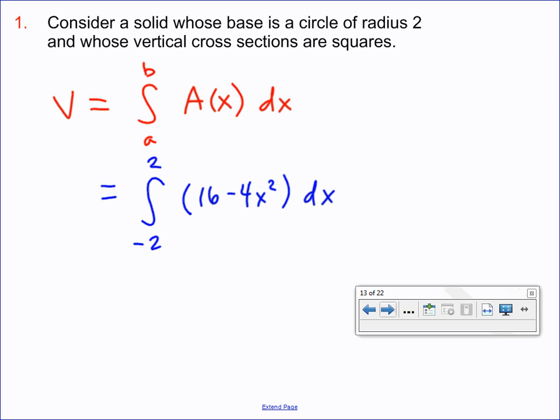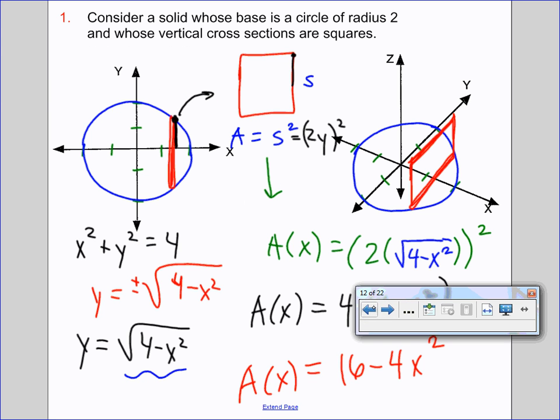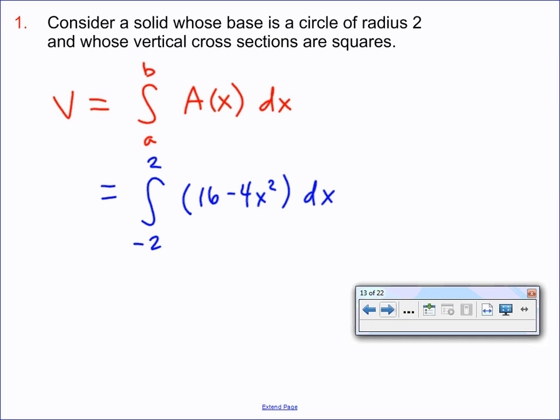Now we're all set. Again, we could utilize the symmetry of the region. Because this is a symmetrical spaceship, I would encourage you to consider integrating from 0 to 2 and doubling it, just because it will make your evaluations by hand so much simpler. And so instead of going from negative 2 to 2, let's integrate from 0 to 2 and double it.